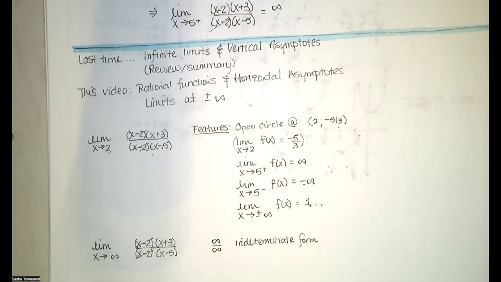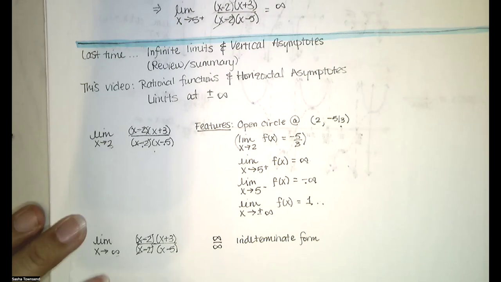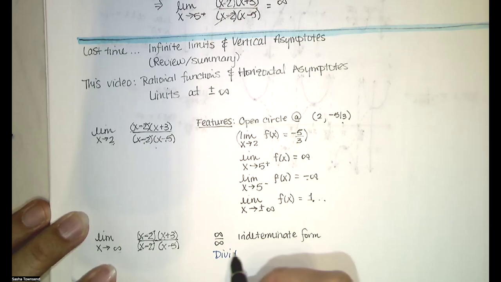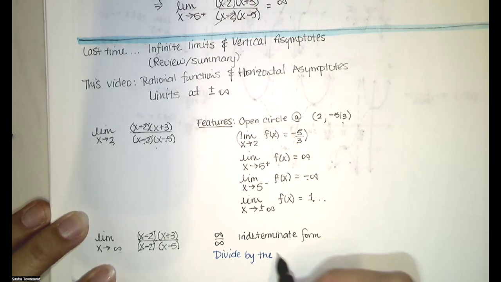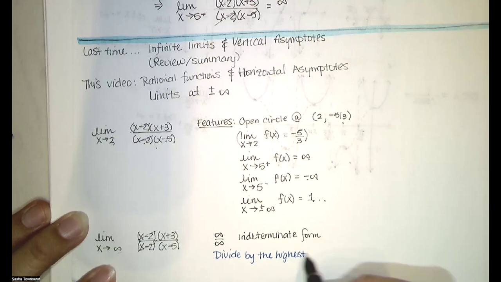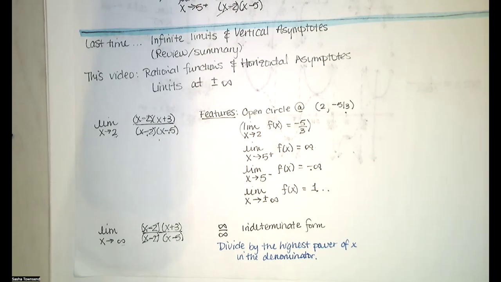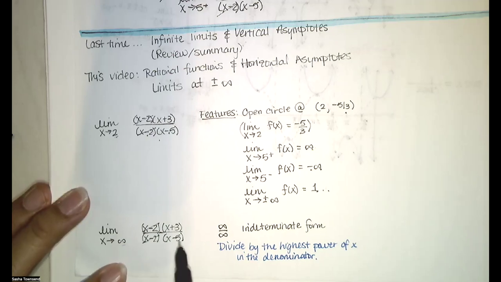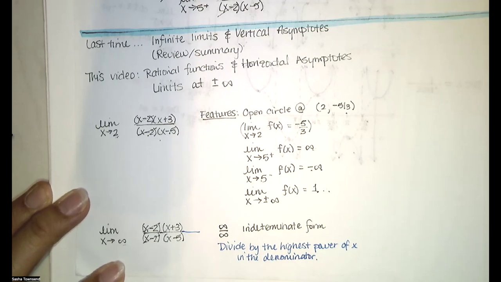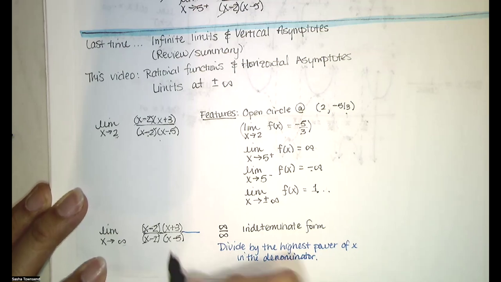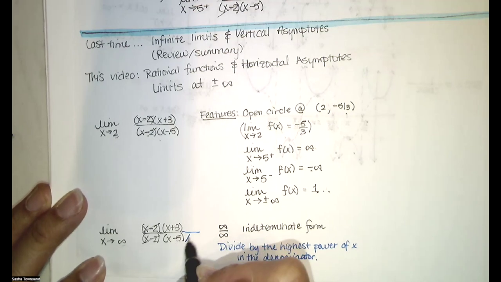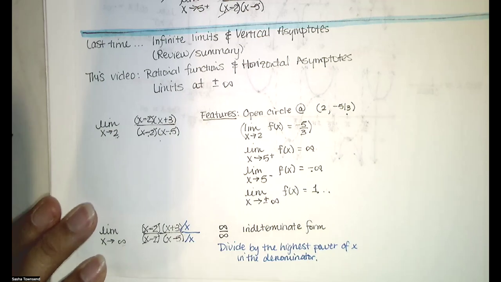We're going to have a tendency to divide by the highest power of x in the denominator, so that the resulting function in the denominator has a finite limit. Since the largest power of x in the denominator is just x to the first, we're going to divide the numerator and denominator by x.